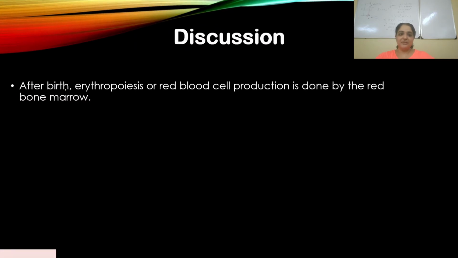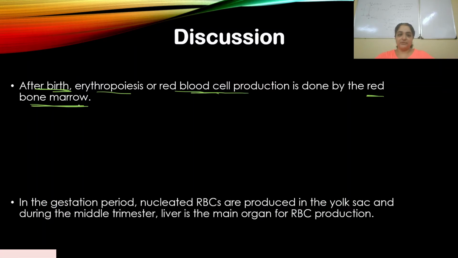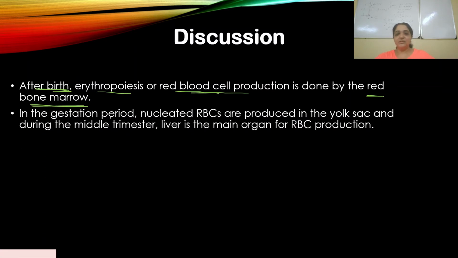After birth, erythropoiesis, which is another term for red blood cell production, is done by the red bone marrow. But before birth, what happens? In the fetus, in the gestation period, nucleated RBCs are produced in the yolk sac, and during the middle trimester, the liver is the main organ for RBC production.